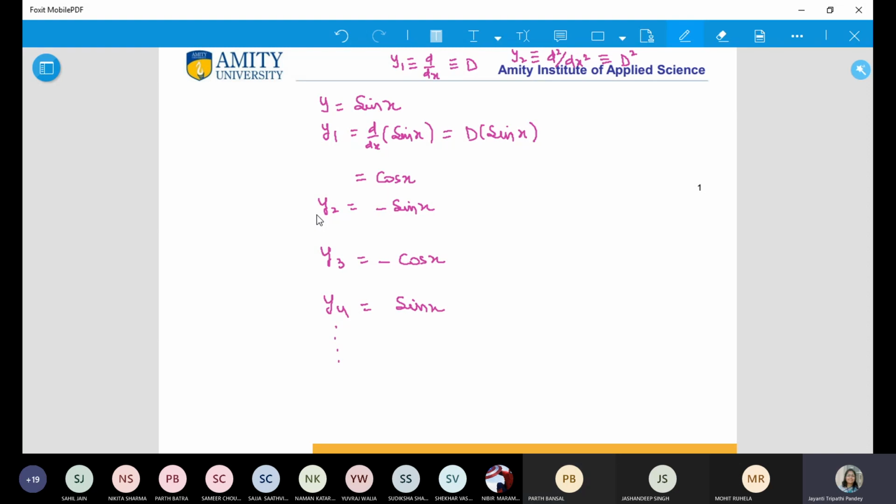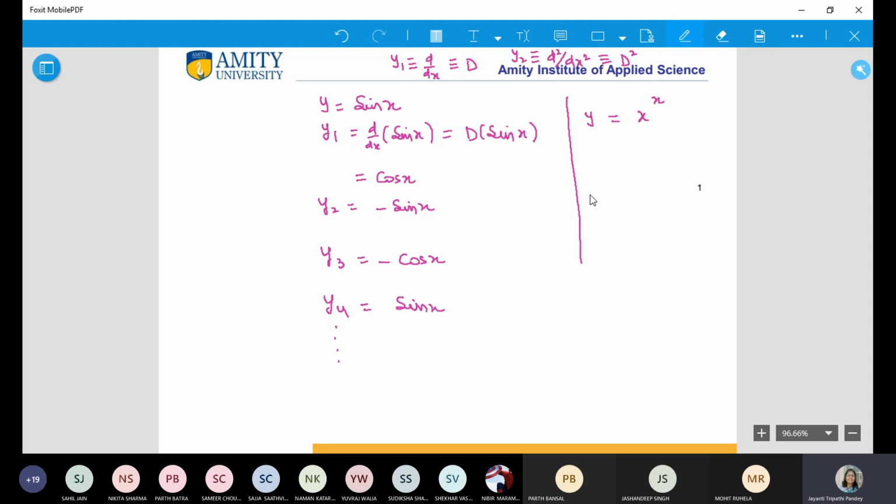Yes, ma'am. Now suppose you have x to the power x. Find the derivative of x to the power x. You have done this question in class 12th.